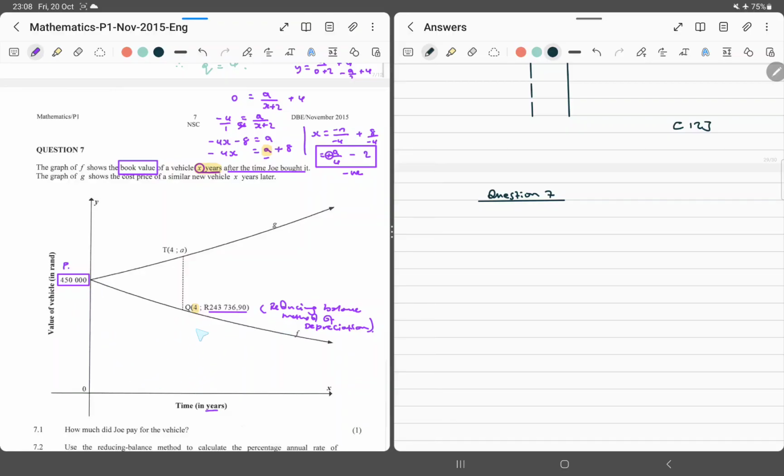This is nice. And then we're told the graph of G shows the cost price of a similar new vehicle years later. So that is an appreciation this time. Of course, this is a new vehicle that appreciates from this value, okay? All right, so again, is this a straight line? Let's put it to the test. It's not. So you can see this is exponential.